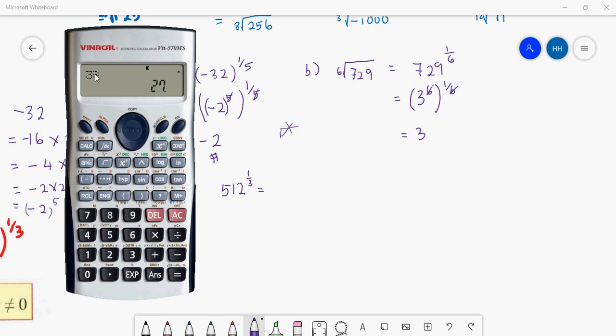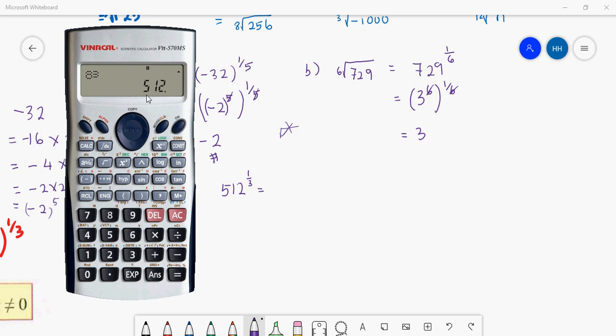You must have a number higher than 3, so you try 5 cubed, which is 125. No, 8 cubed is equal to 512. So you see that 512 is equal to 8 cubed.